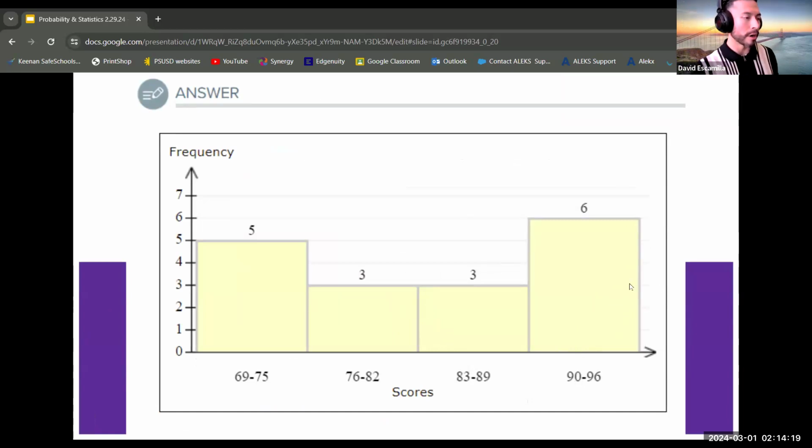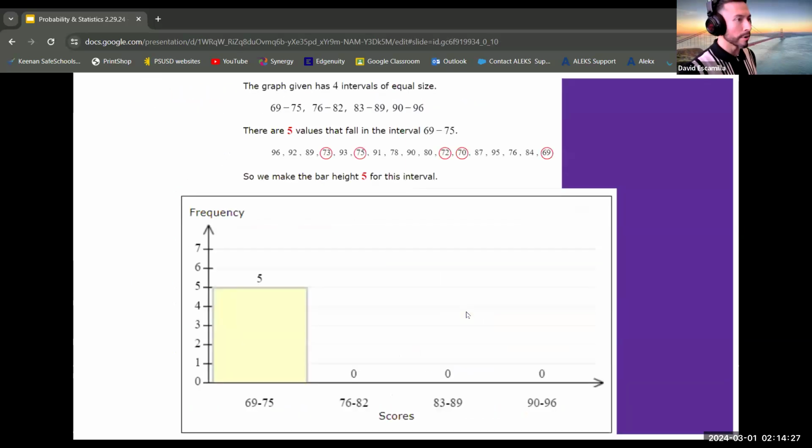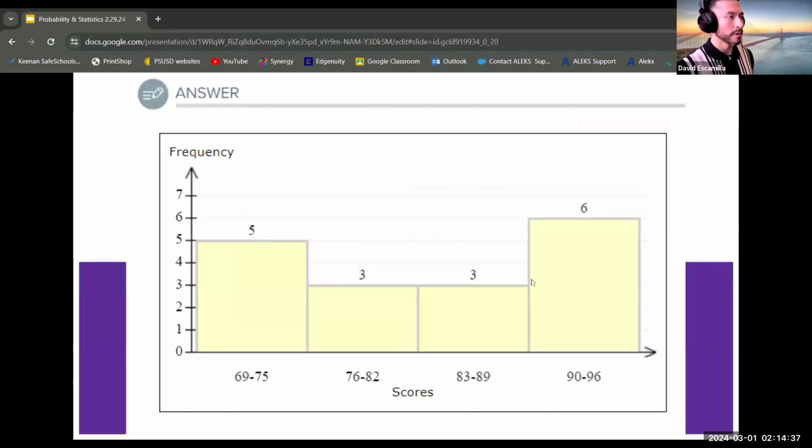If we want to make sure that our answer is correct, we can add 5 plus 3 plus 3 plus 6, and the number should equal the number of values that we were given. I'm talking about all of these values: 96, 92, 89, all of those. So that confirms that our answer may be correct.